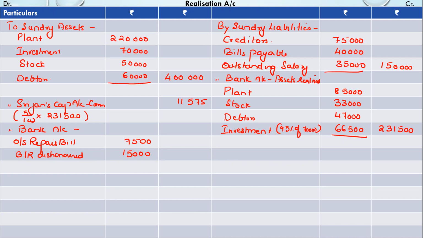Now the next step. What are we supposed to do? Look at the liabilities and check whether they have been paid. From the additional information, nothing was given about whether creditors, bills payable, outstanding salary were paid. So we are supposed to take this and make the payment of the same at whatever is the book value. We assume that the entire value, whatever is there, that is being paid.